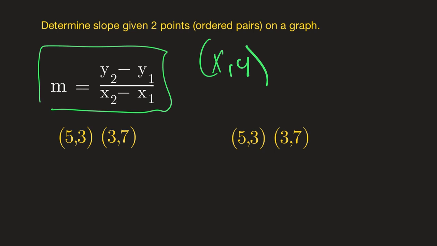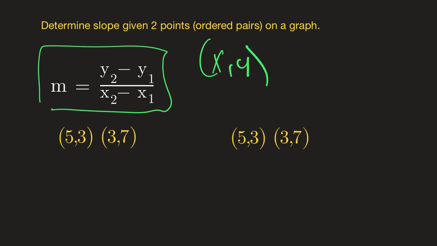All that's really going on here is that you are going to subtract the 2 y values on top, and you're going to subtract the 2 x values on the bottom. It does not matter which way you subtract.